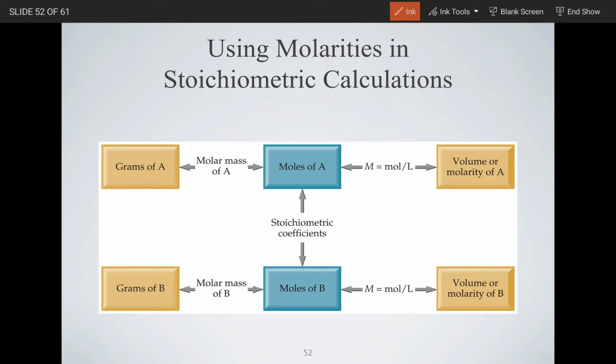But again, we're going to be taking advantage of the fact that capital M is really just moles per liter, similar to how the molar mass is grams per mole. So if we're given the volume, we can use the molarity as it is, moles over liter, just to convert to moles. Or if we're given the moles, we can use the molarity just inverted, so we'd have moles on the bottom, liters on top, to determine what the volume is going to be there.